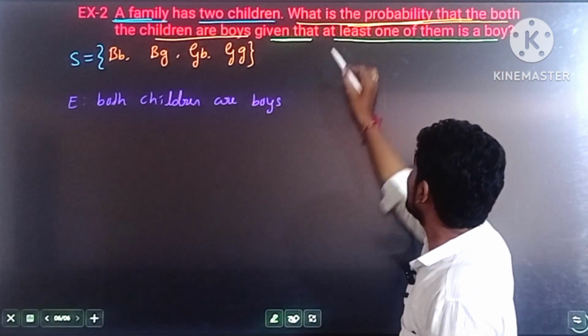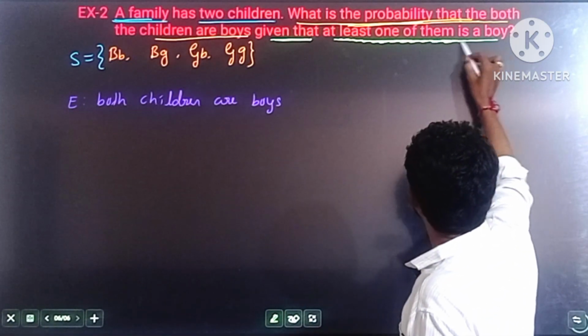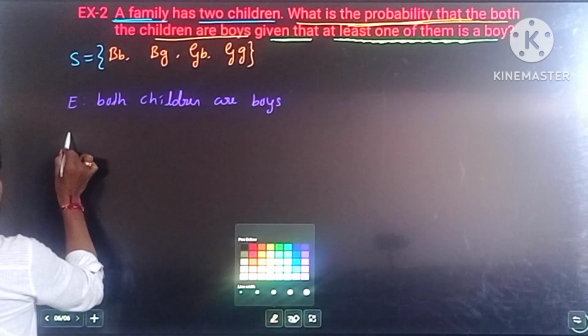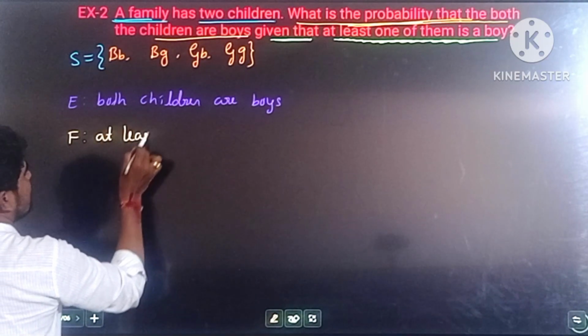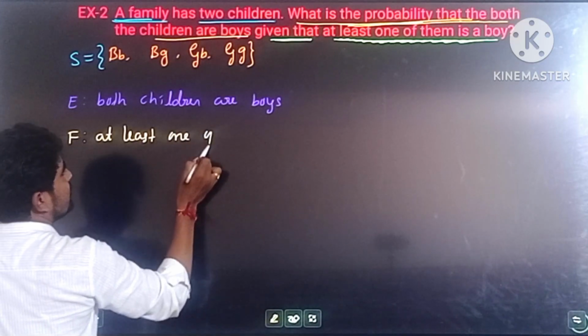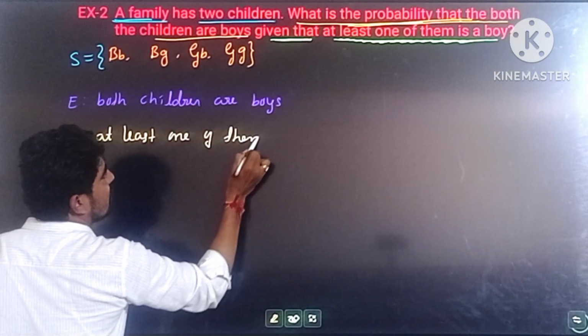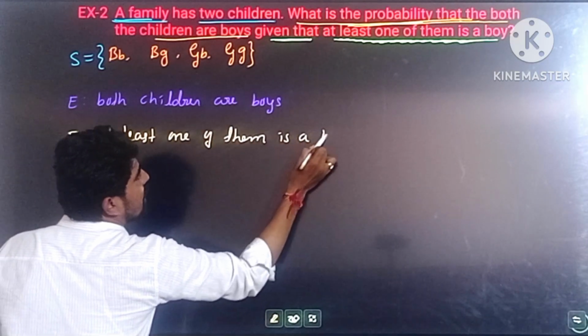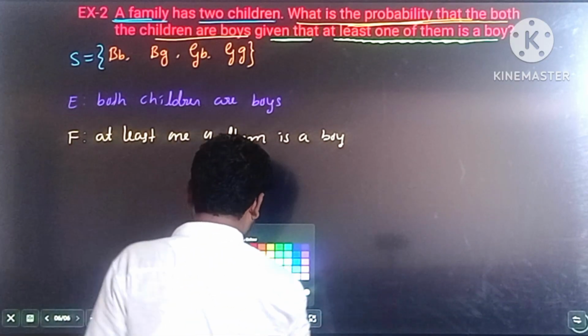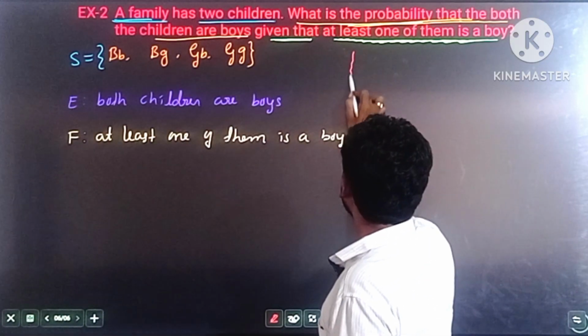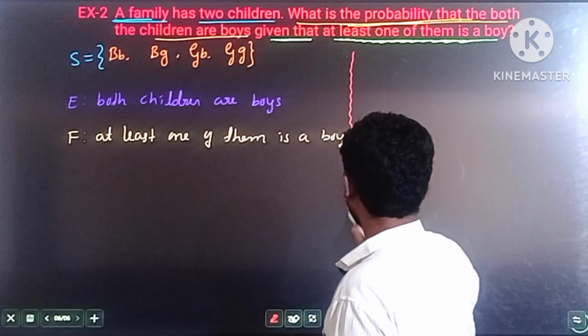So the given event F is: at least one of them is a boy. And we need the probability of A by B value, or E by F value.